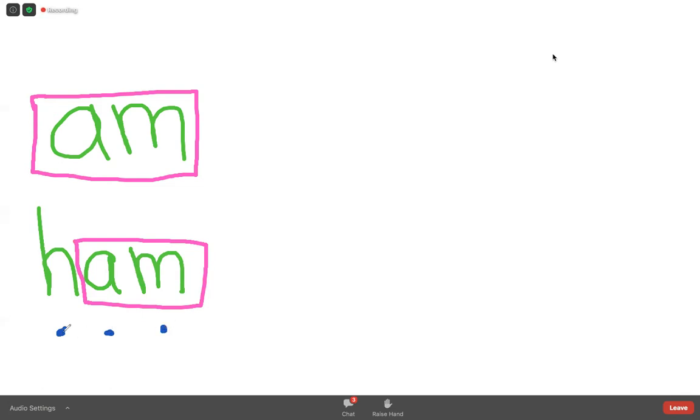I'm going to put 3 dots underneath each sound in this word, 1 dot per sound, okay? So I'm going to make each of those sounds as I read my word, okay? Ham, very good.